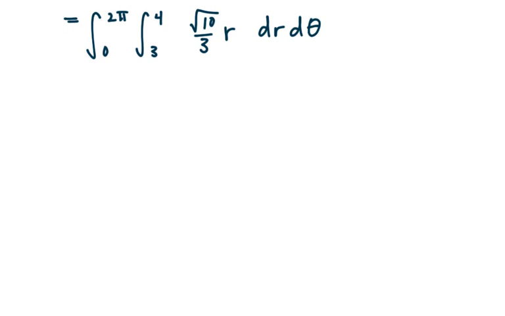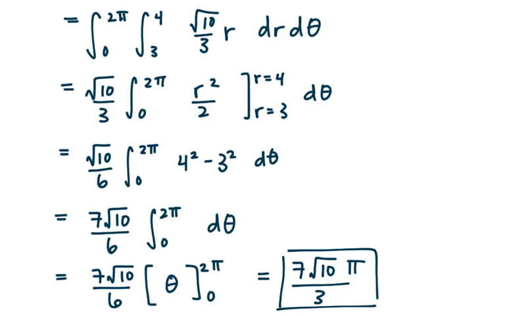It's always good to get that practice. I'm going to pause and work it out myself. With a quick, easy integration, we get that the surface area of this cone frustum located between these two z-planes, z equals 1 and z equals 4/3, is the value 7 root 10 times pi, all divided by 3.